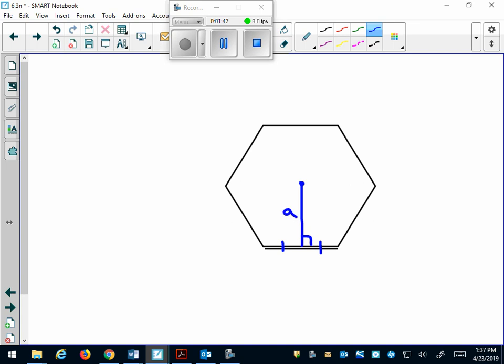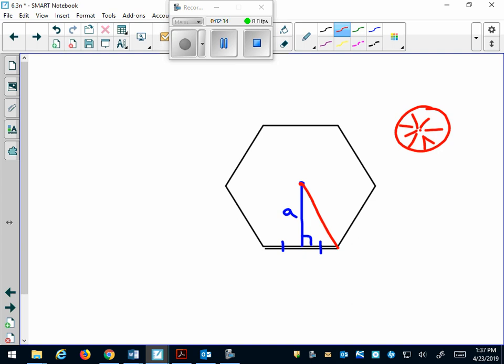Now you'll see in the diagram on the first page also, they have drawn a segment that goes from the center to the vertex. Center to the vertex, that's called a radius of the polygon. Now we're used to the radius of a circle, right? A radius of a circle can be drawn in any direction and it's always the same length. But if we go in any direction from the center, is it always going to be the same length?